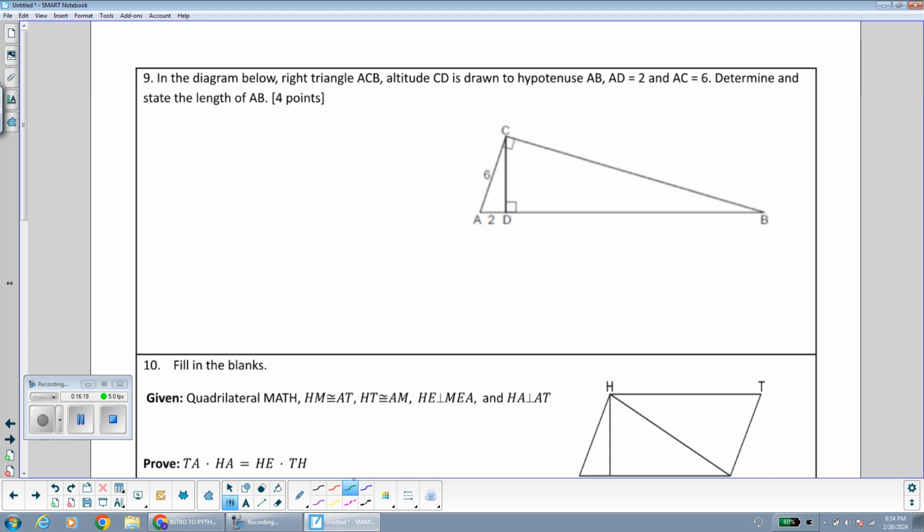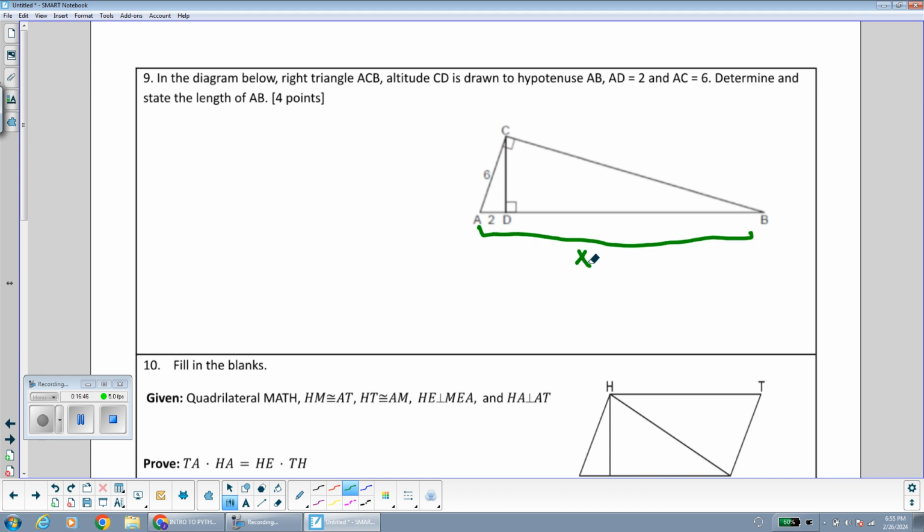So now we have a situation where we have a big right triangle with an altitude drawn to its hypotenuse, creating two smaller right triangles. So this is a right triangle altitude theorem question. So I am going to be thinking, is this Hills or is this SAS? They want us to determine and state the length of AB.